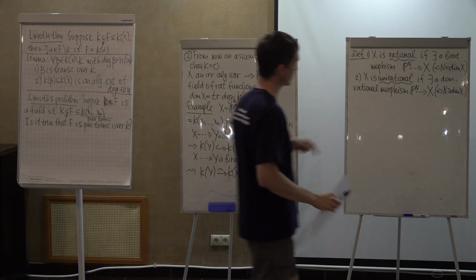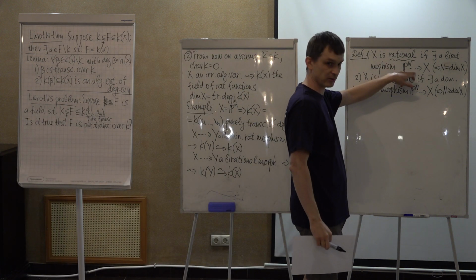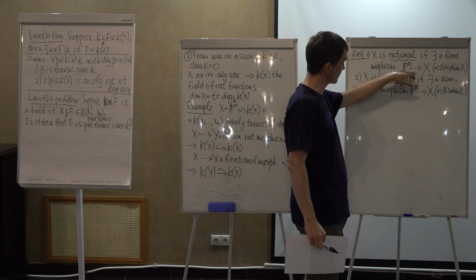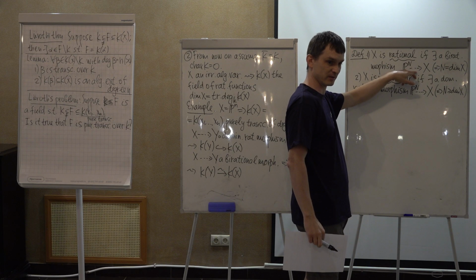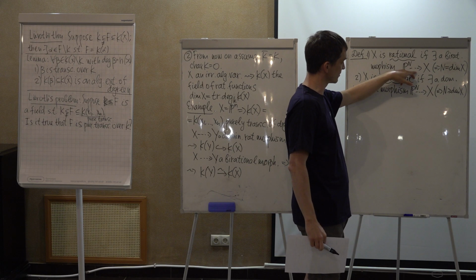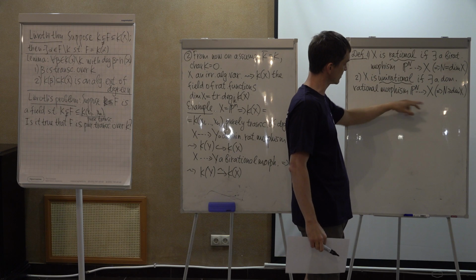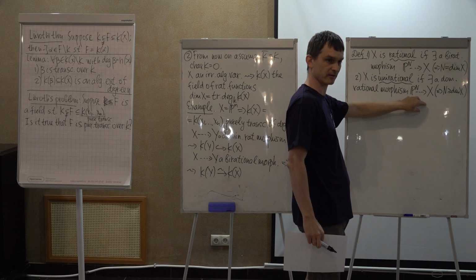So in the case of rational varieties, we require that this morphism be a birational isomorphism. Here we require only a dominant rational map.